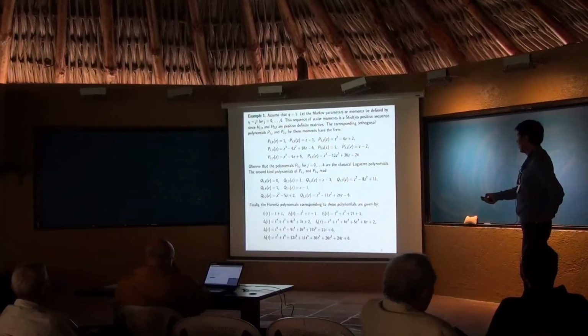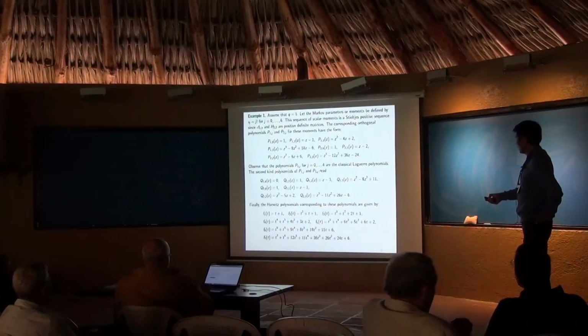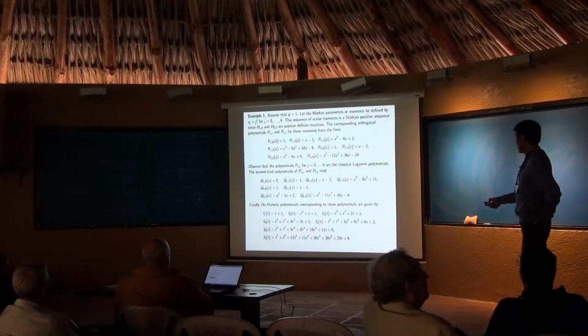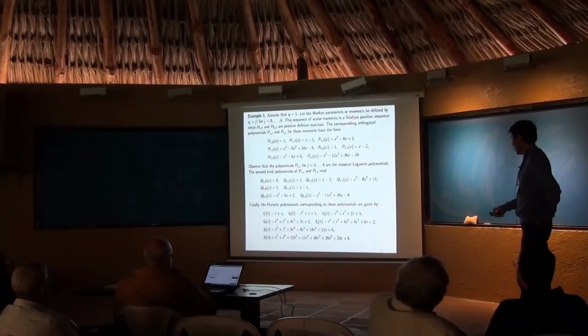Here they are j factorial. We construct these Hankel matrices, and we can explicitly construct these orthogonal polynomials, and then from them, with the given formula, we have these Hurwitz polynomials.